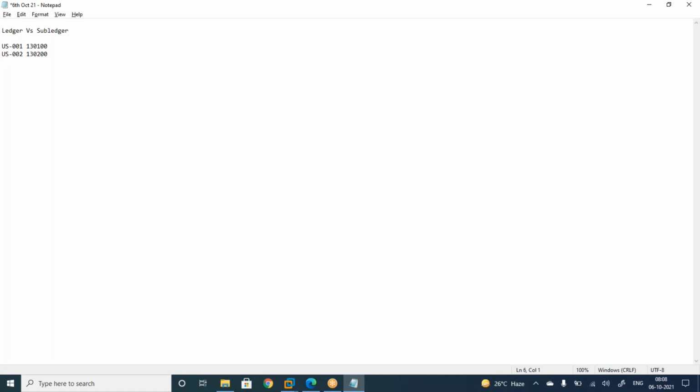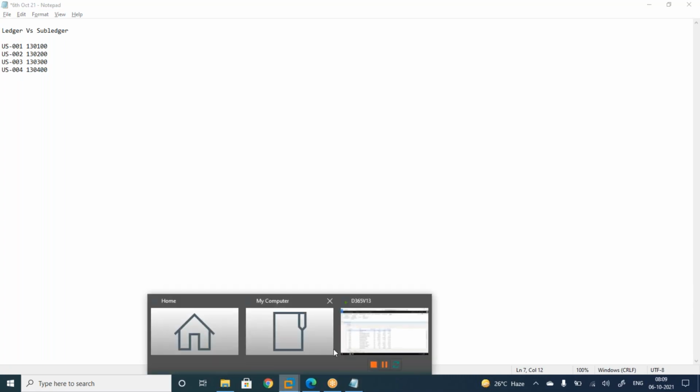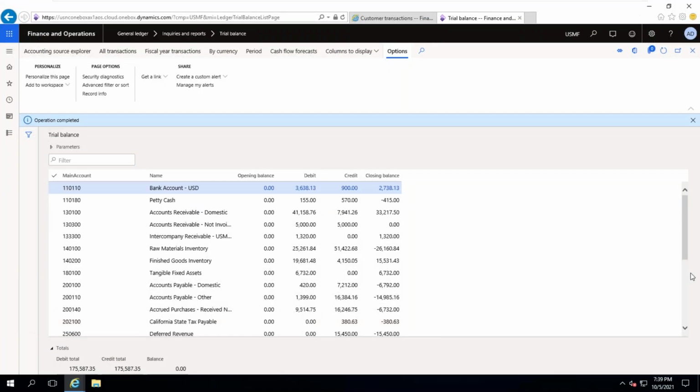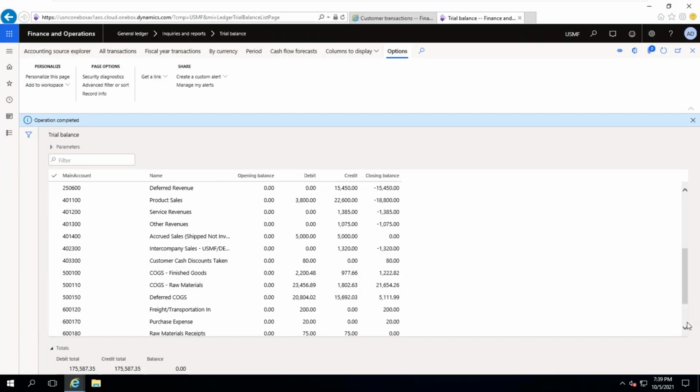For US 003, I have given one account, 130 300. For US 004, 130 400 or something. If I create like this, the trial balance will show a lot of main accounts.